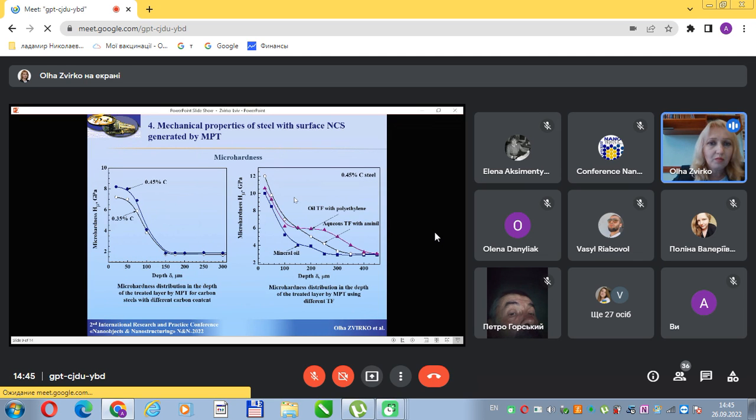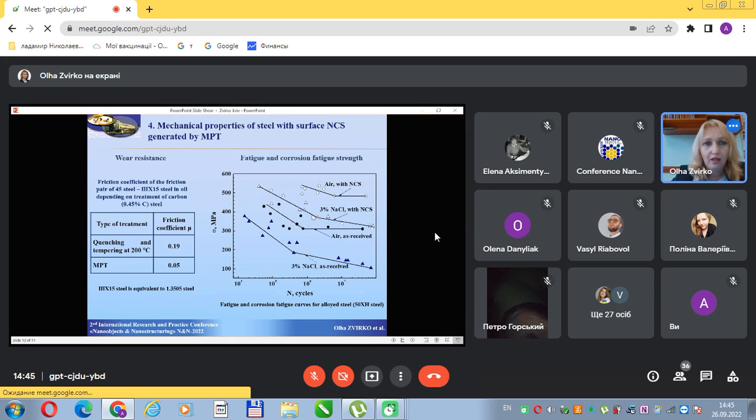Also, microhardness depended on carbon content of the treated steel. Higher carbon content resulted in higher microhardness, and on a type of technological fluid. So the highest microhardness was obtained using aqueous technological fluid with ammonia, but the best microhardness distribution was obtained using oil technological fluid with polyethylene.